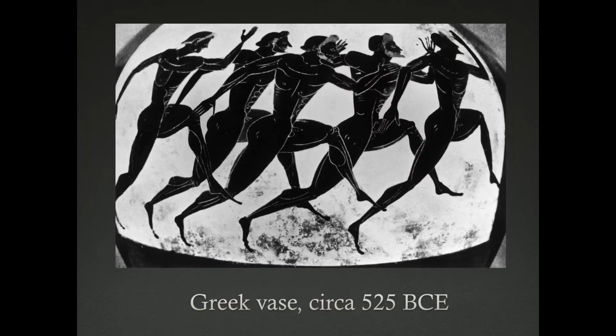In this Greek vase from circa 525 BCE, you have some overlapping of forms. So the first guy and the third guy and the fifth guy are closer to the viewer than the second one and the fourth one.